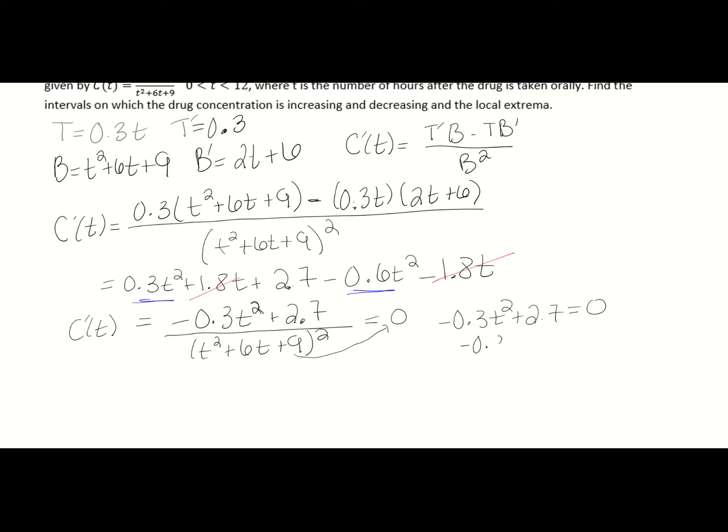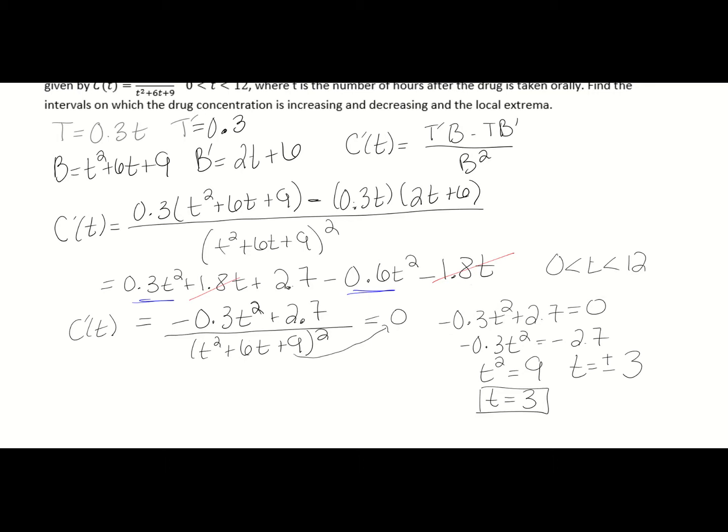I get 0.3t squared is equal to negative 2.7. I divide by negative 0.3. That will give me that t squared is equal to 9, which means that t is equal to plus or minus 3. But remember that t was time and it was only between 0 to 12. So the negative is out, right? I'm not in my interval, so I only have t is equal to 3. That's when my derivative is 0.